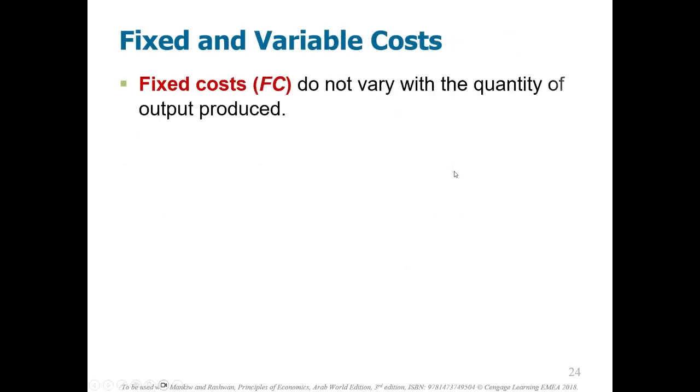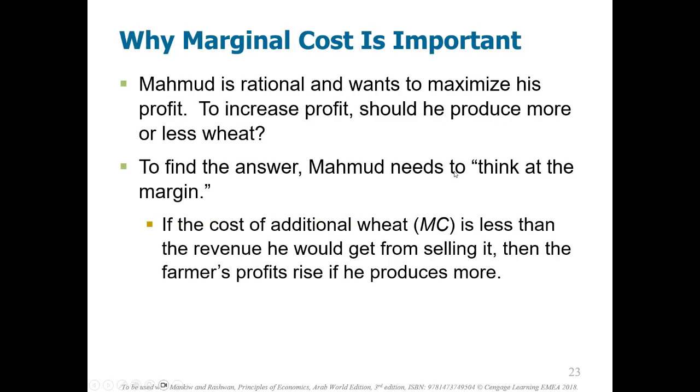Right. Why is marginal cost important? You will learn about this more. Probably, you can connect this to your perfect competition. In perfect competition, how is it decided how much quantity to produce? It is when your marginal revenue is equal to marginal cost. So think about it here. When Mahmood employs an extra labor, he has to pay him extra cost. That's your marginal cost.